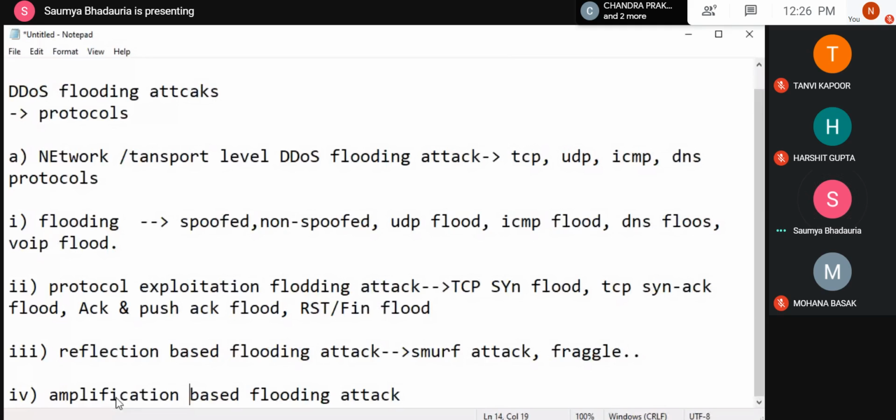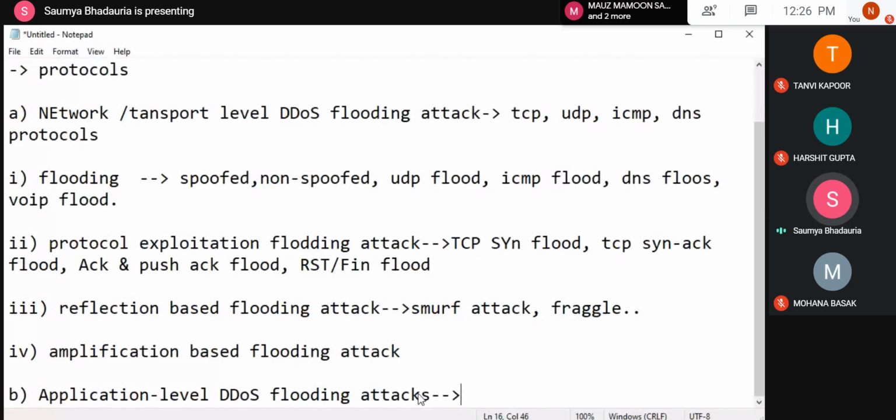Okay. Now here, what are we talking about? Here, the application level DDoS attacks would normally consume, will they consume higher bandwidth or will they consume lesser bandwidth?